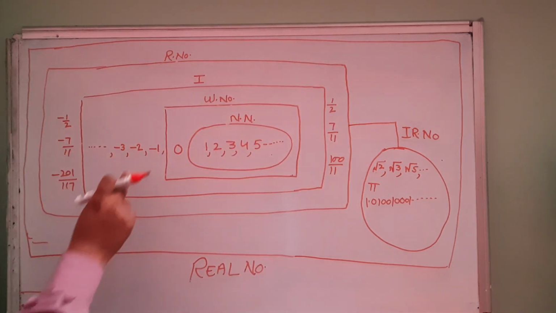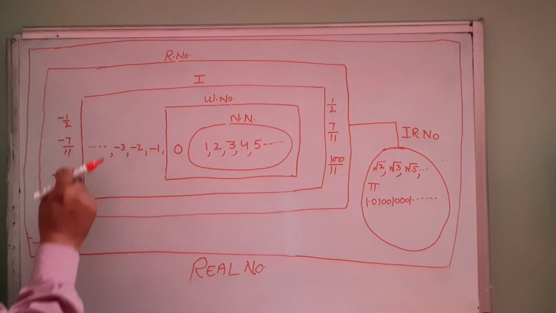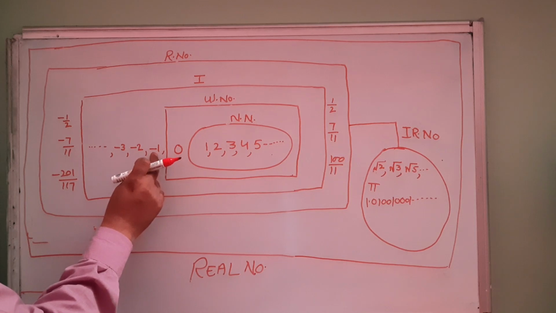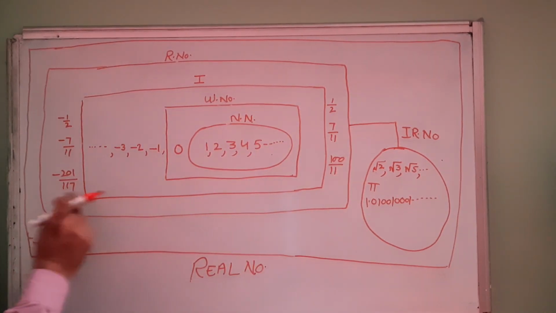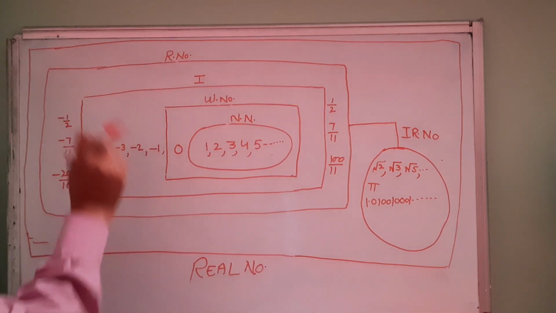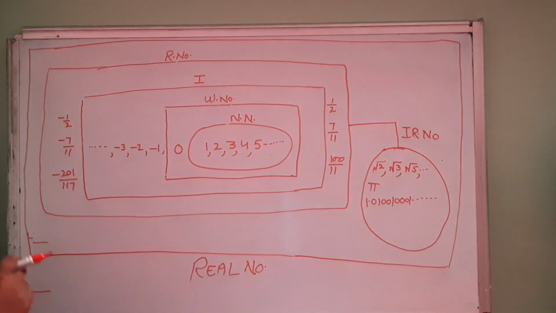See once again. I have asked you to look at minus 1. Minus 1 is in this box. Its name is integer. Minus 1 is also in this box. Then it is a rational number. Minus 1 is also in this big box. So it is a real number also.